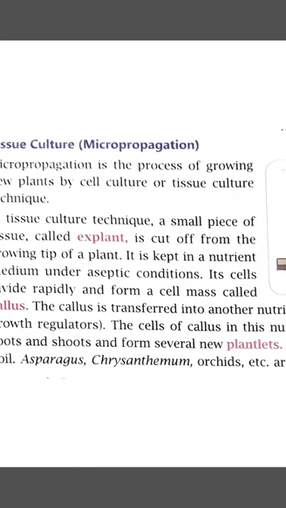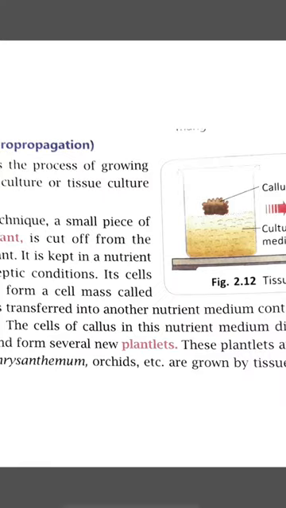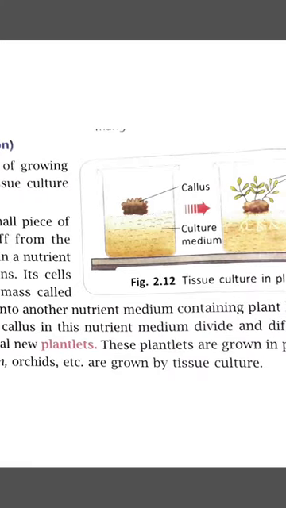It will come after some days. Okay, these plantlets are grown in pots filled with soil. Asparagus, chrysanthemum and orchids are grown by this tissue culture.